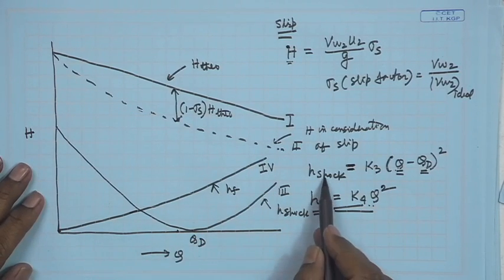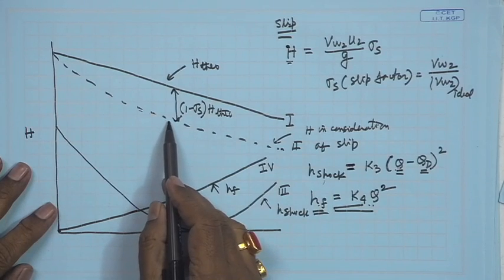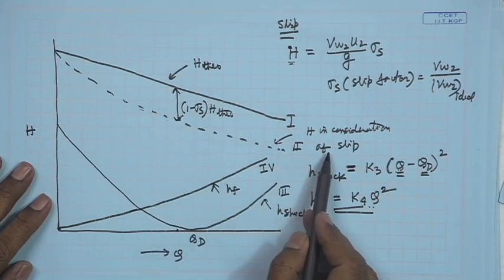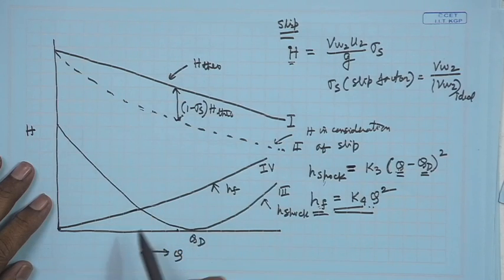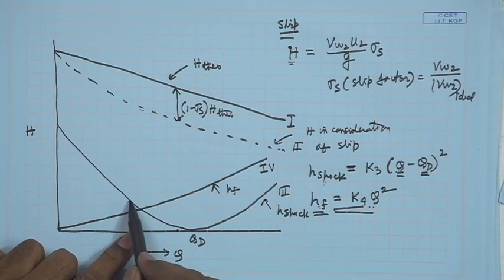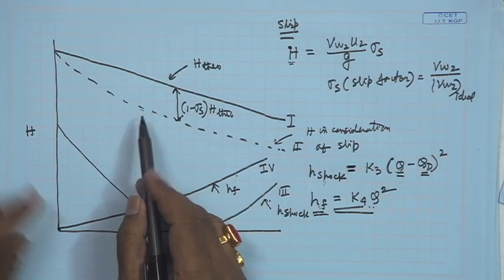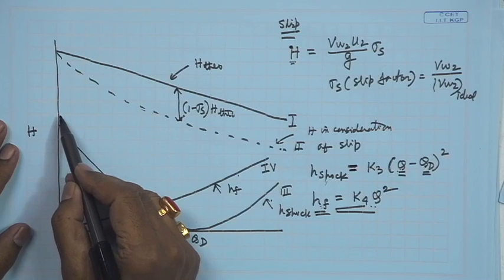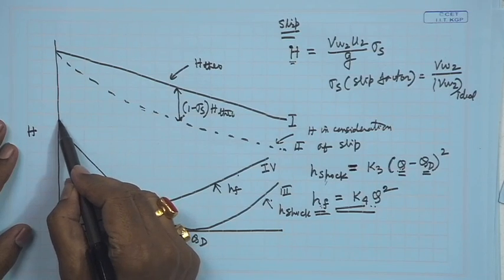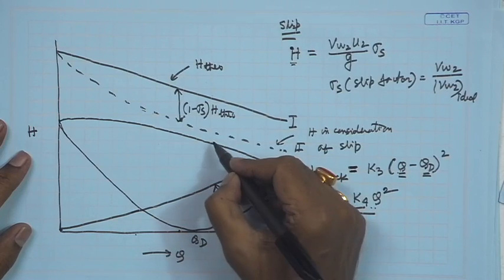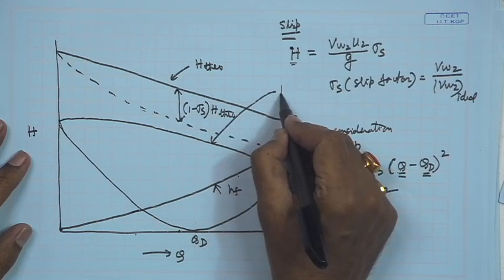Now, if you take care of these two from this head, that means, if you subtract these energy losses from this head developed in consideration of slip, that means, geometrically if we sum, at any abscissa, the ordinates of curves 4 and 3 and deduct that from curve 2, we get the final head-discharge characteristics, which is like this, and this is the final HQ curve.